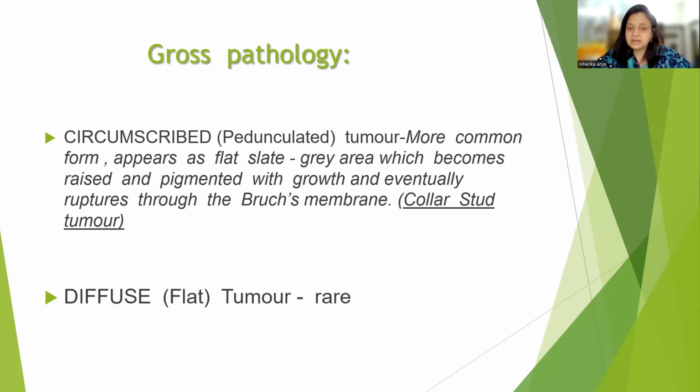First it becomes pigmented, then as the size increases it is raised and more pigmented with growth, and eventually ruptures the Bruch membrane. That is the collar stud tumor. The other one is the diffuse or the flat tumor, which is very rare. So this is gross pathology. The most common is the collar stud tumor.